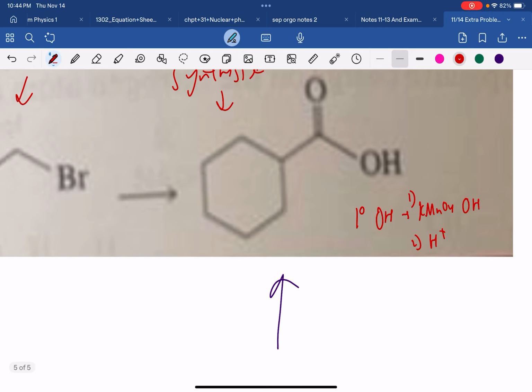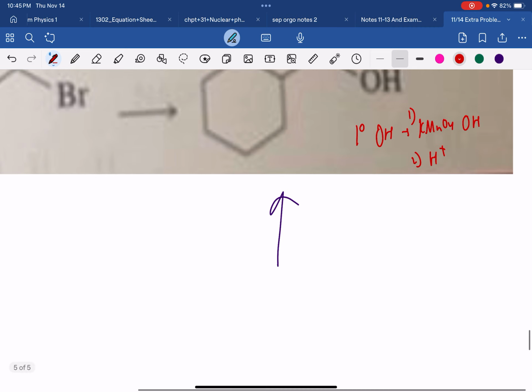And then another one, you can also use chromate if you know that reagent. I'm trying to think of what it is. I think it's Na2CrO7. It's the Jones oxidizer basically.